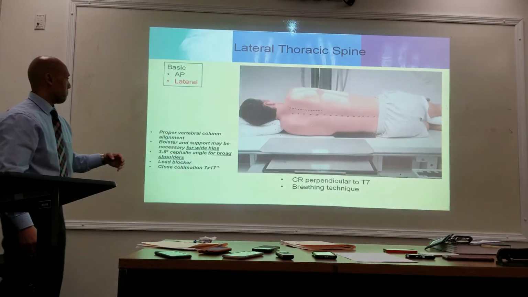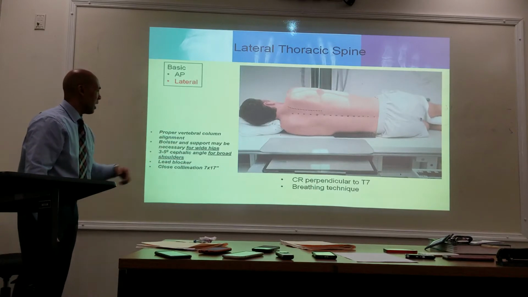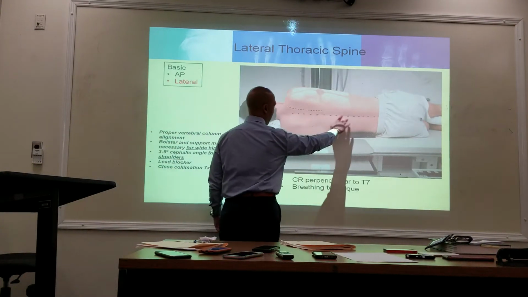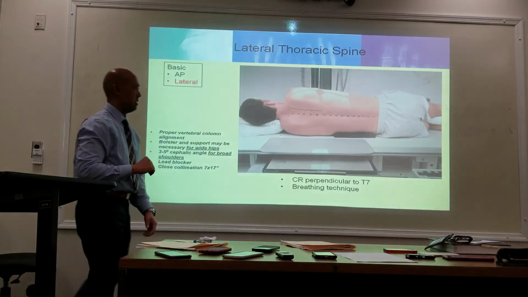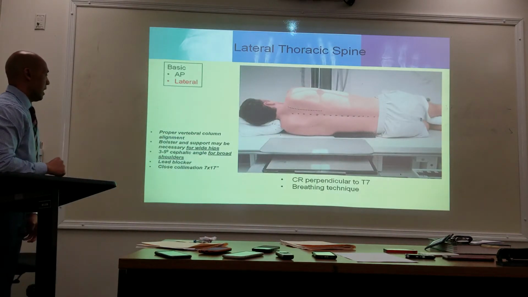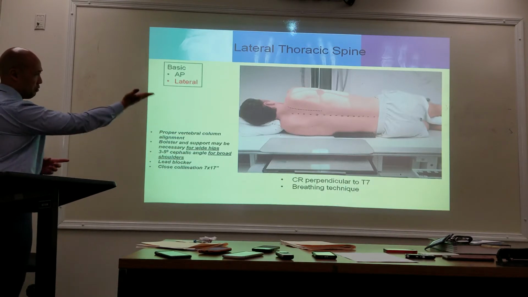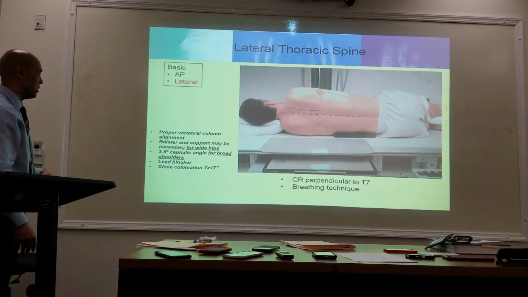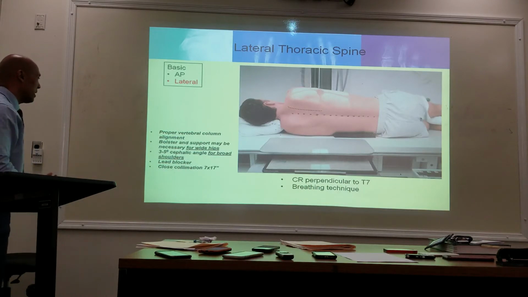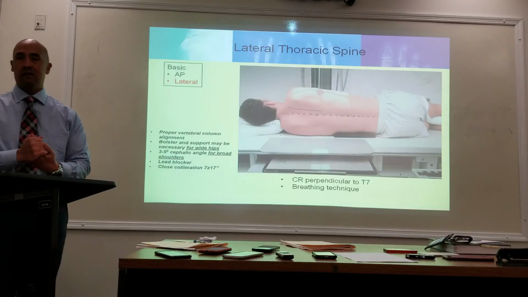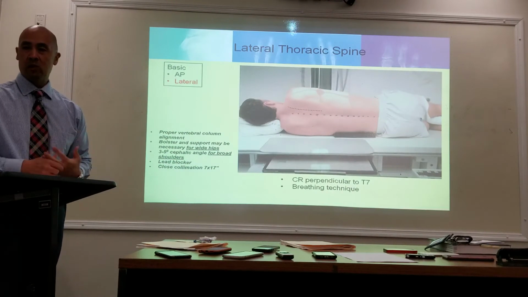So if the patient has wide hips, you want to place something underneath their hips to straighten out their back. Someone who has broad shoulders, after you prop them up, it may require a 3 to 5 degree cephalic angulation to open up the joint space.